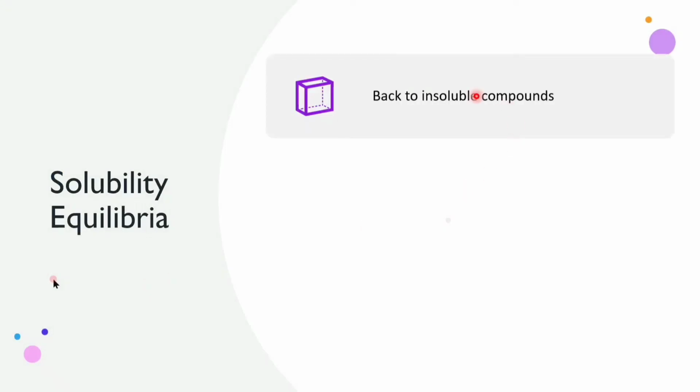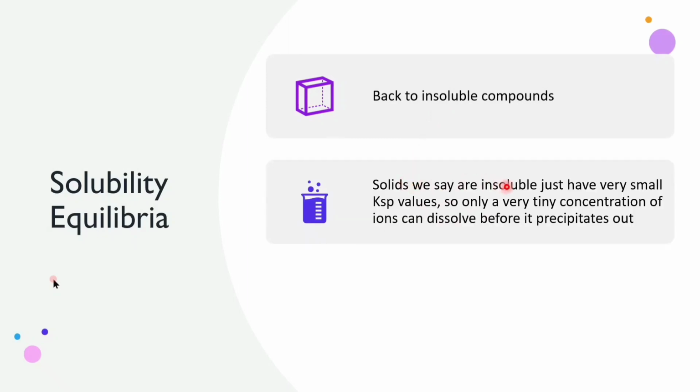If we go back to the beginning when we were talking about insoluble compounds and how no solid is actually insoluble, we can now explain that. Solids that we say are insoluble just have very small Ksp values. This means that only a very tiny concentration of ions can dissolve before it precipitates out.